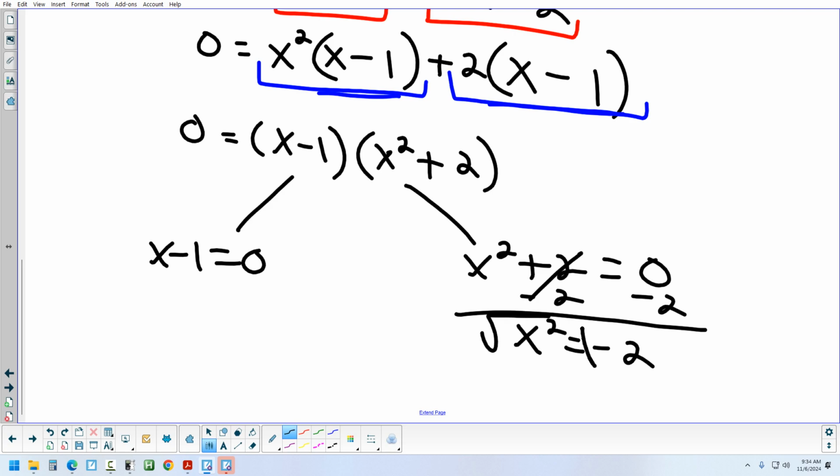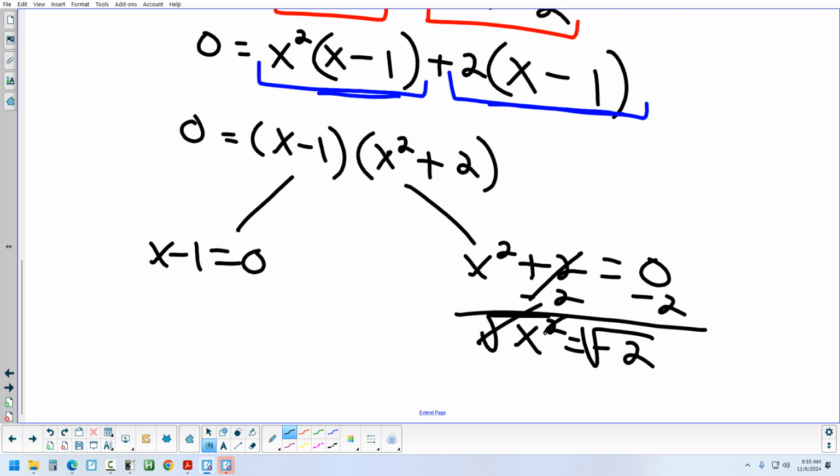Square root, square root. Those cancel. And we have x equals the square root of negative 2. What happens there? Right, you can't square root a negative. So that means the only answer here would be imaginary, and we're not concerned about that. So from this part of the problem, there's no solution, nothing we can use.